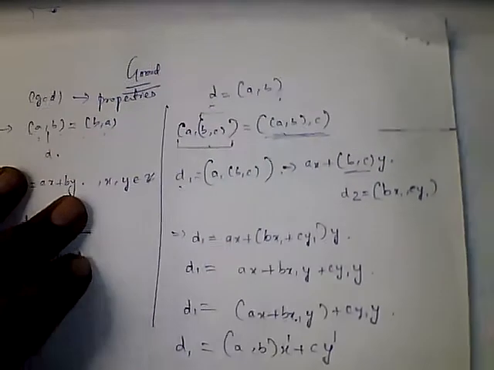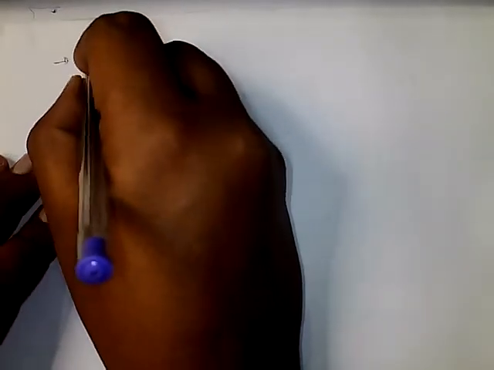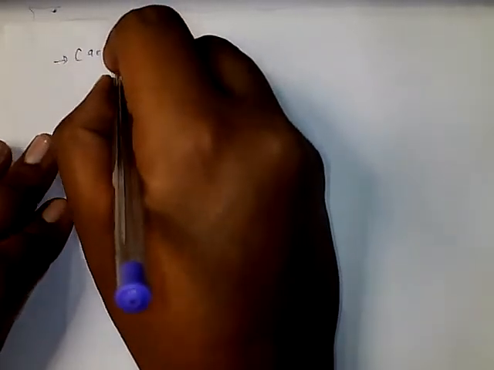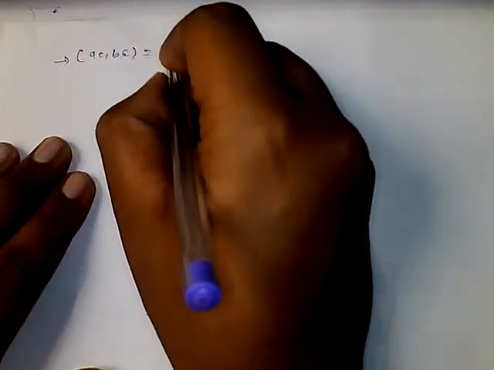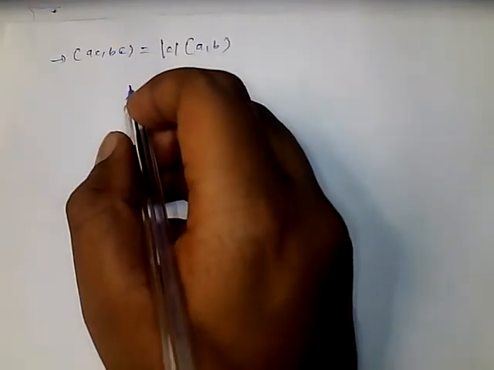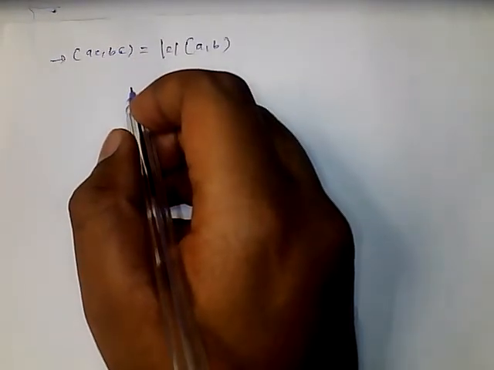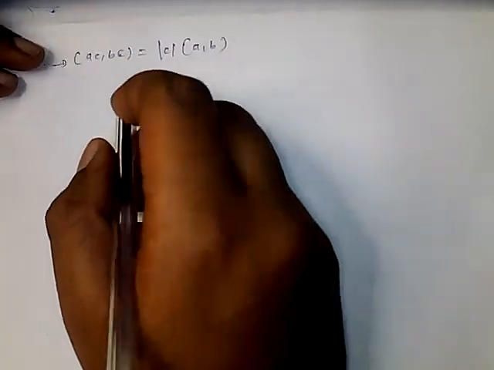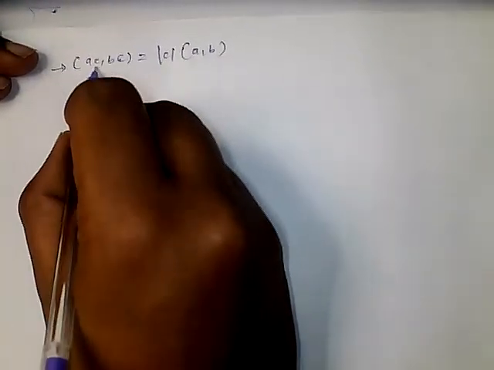Alright, one more property that I want to include here is that the GCD of ac comma bc should be equal to the modulus of c times the GCD of a comma b. Now the c is there.